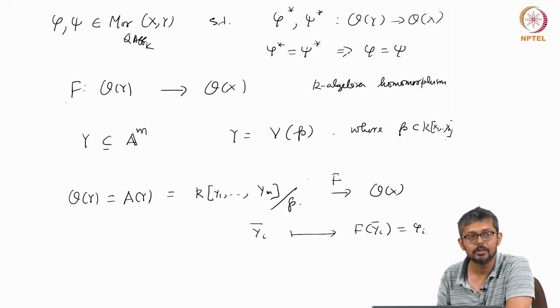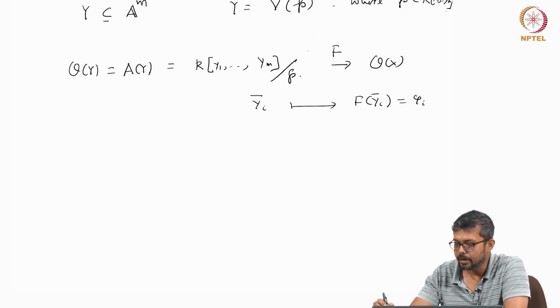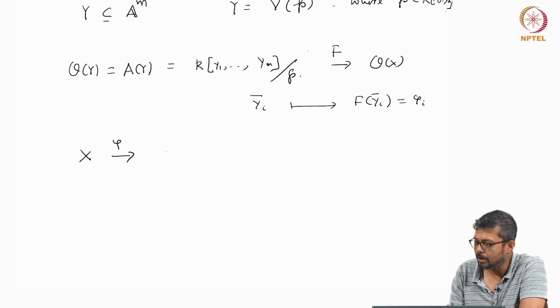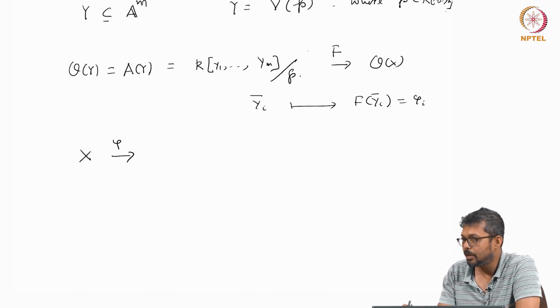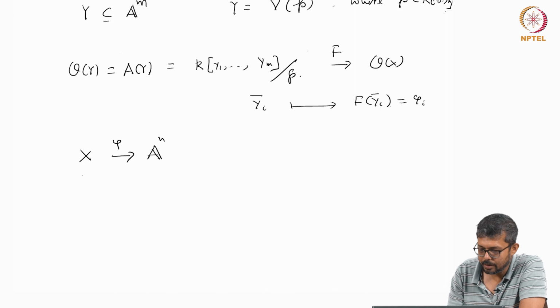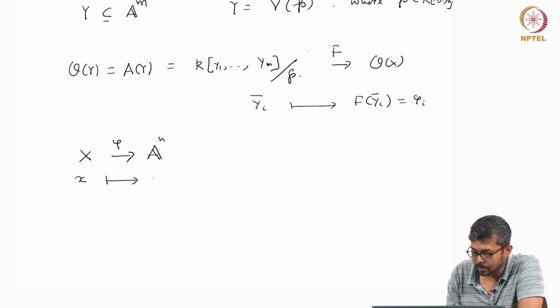So these phi_i's are regular functions on X. Now you define the map phi from X to A^m in this way: a point p goes to (phi_1(p), ..., phi_m(p)).